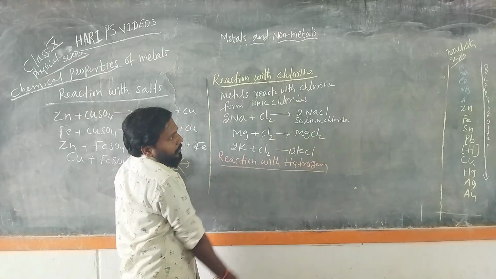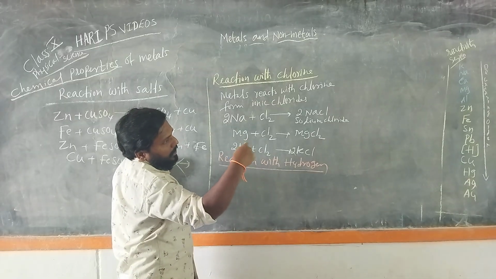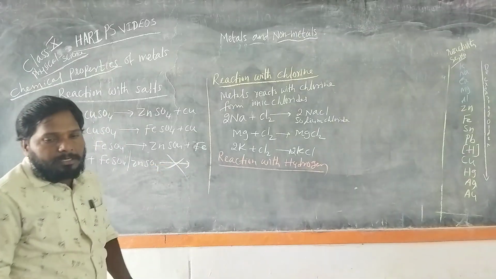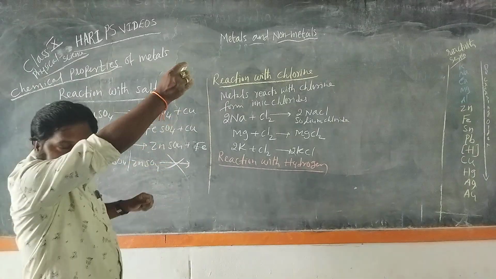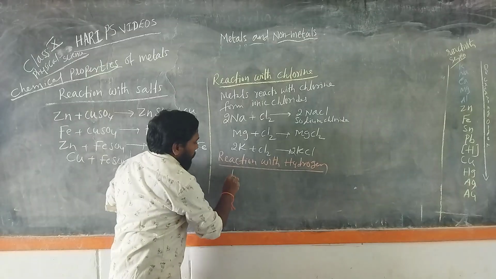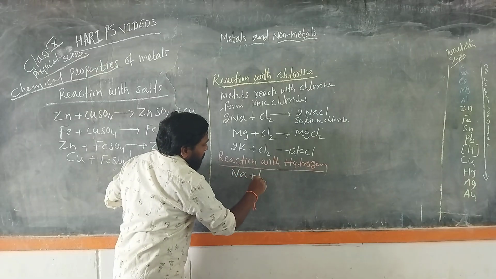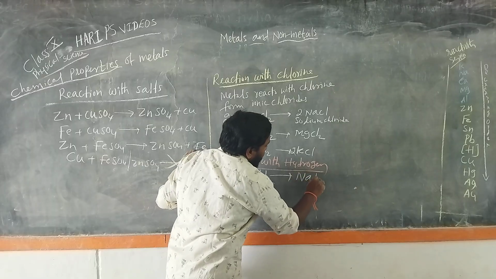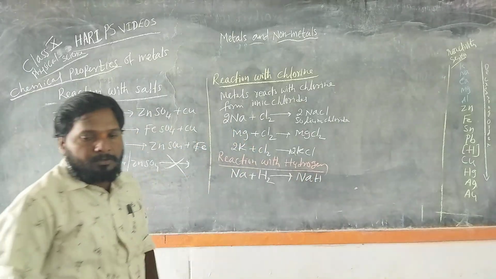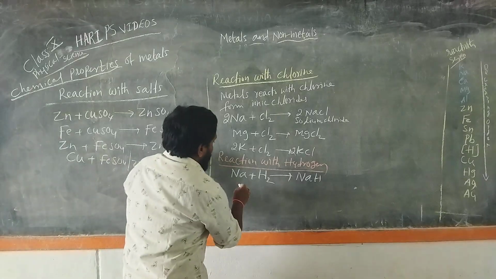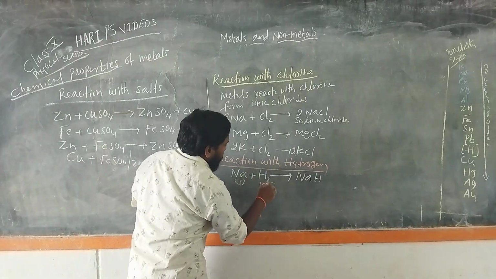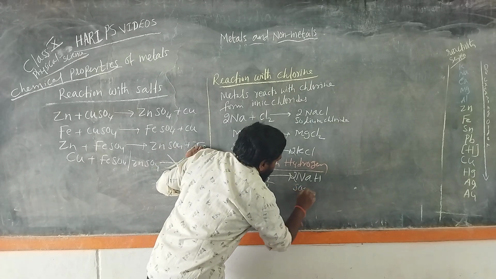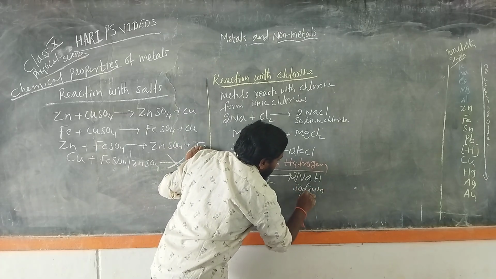So some metals like sodium, potassium, calcium, magnesium react with hydrogen. When sodium reacts with hydrogen, it gives us sodium hydride, 2NaH. It is a solid and hydrogen is a gas.